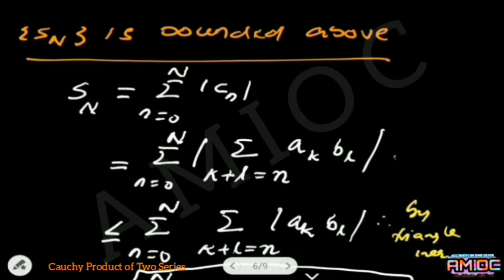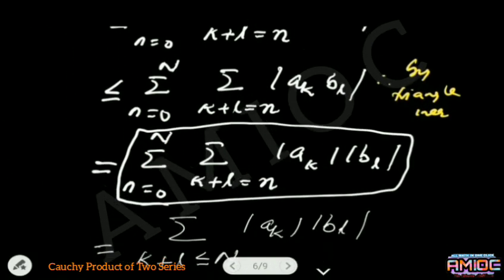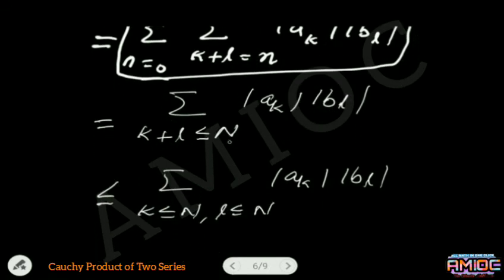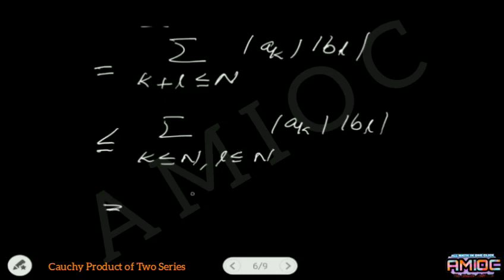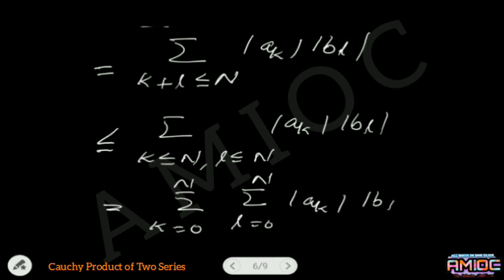That is, we have summation k plus l less than or equal to n, mod ak mod bl, will be less than or equal to summation k less than or equal to n, l less than or equal to n, mod ak mod bl. This is equal to summation k equal to 0 to n, summation l equal to 0 to n, mod ak mod bl.